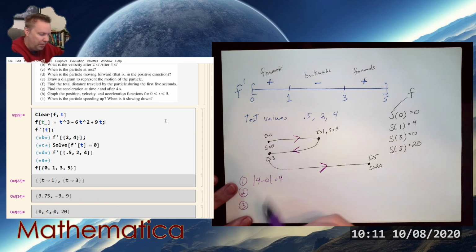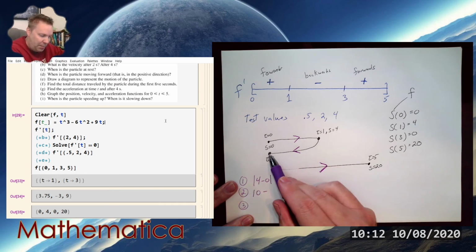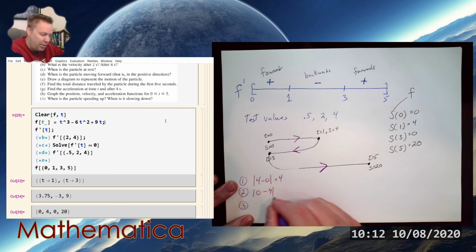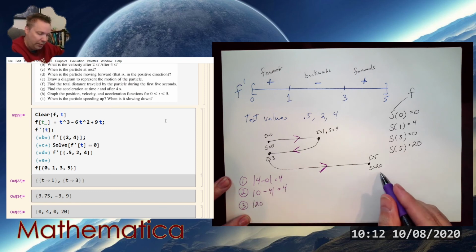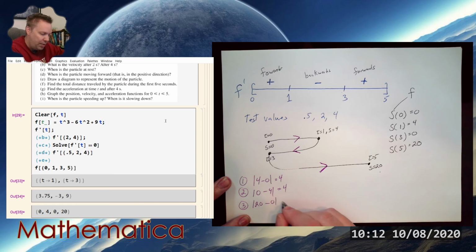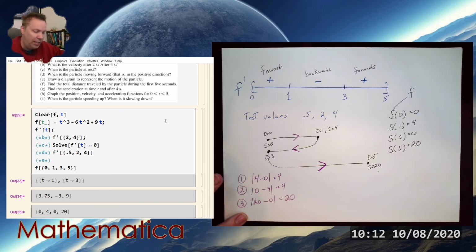In part 2 of the trip, it ends at position 0 but starts at position 4, and I still get a 4. Part 3 of the trip, it ends at position 20 but starts at position 0, and that also has a total distance of 20.